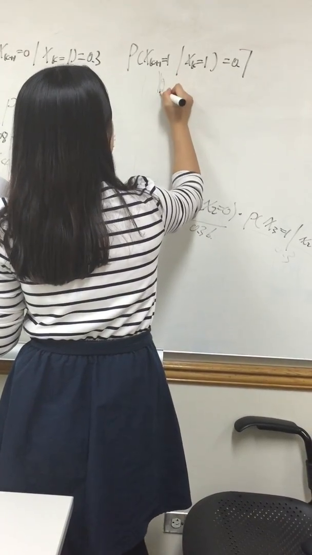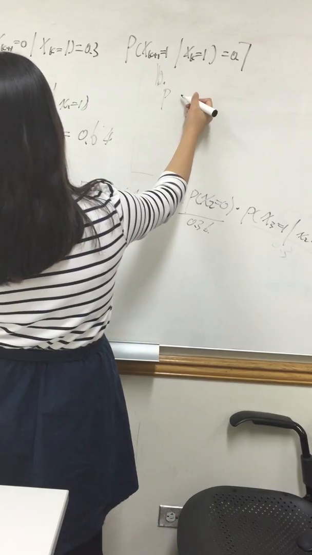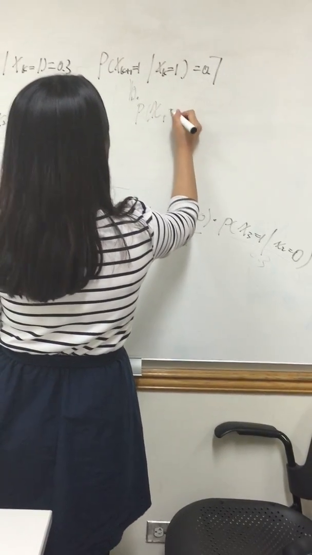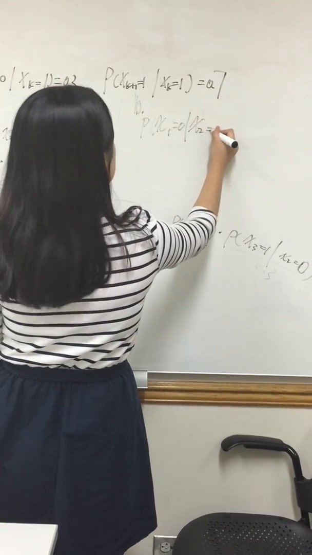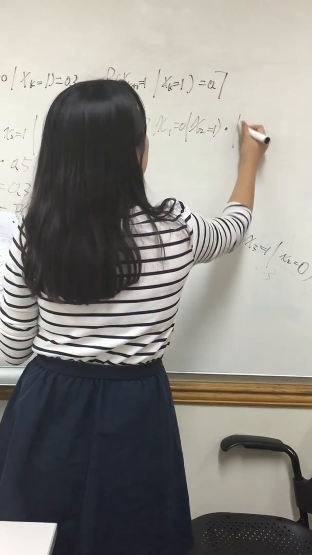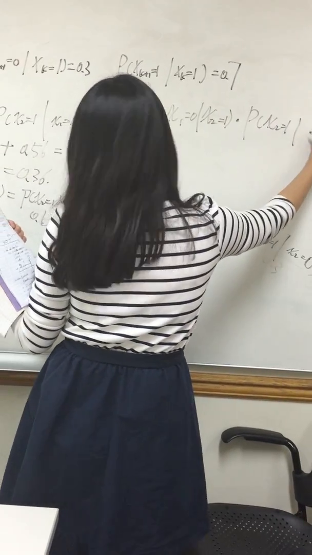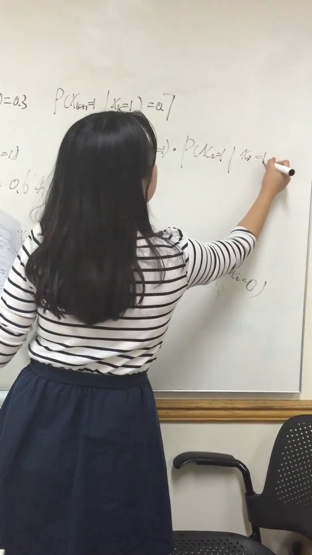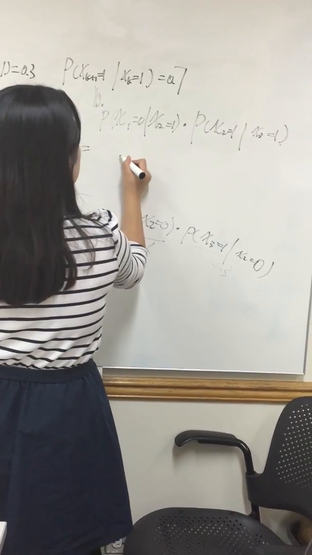Situation B is the probability x2 equals 1 on the condition x1 equals 0, times the probability x3 equals 1 on the condition x2 equals 1. It's similar to what I mentioned above.